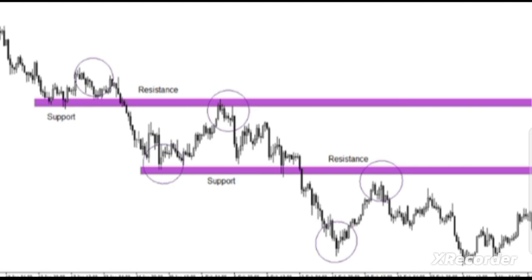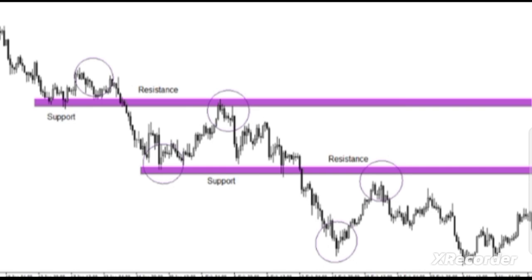Another one is resistance. What is resistance? Resistance is a price level on the chart where the selling pressure tends to stop the price from rising any further.